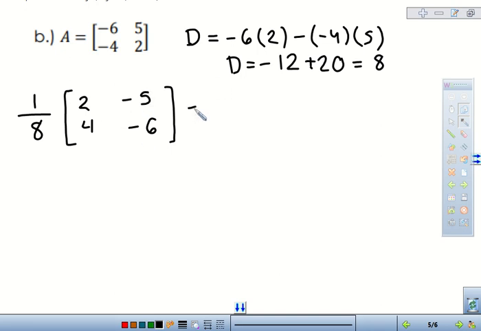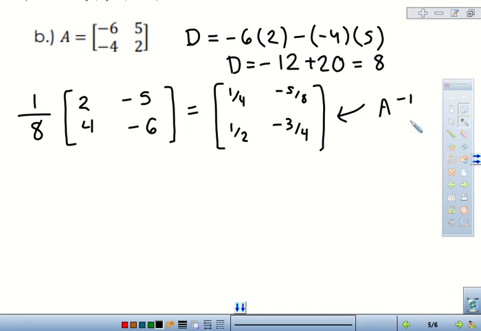Now we're just going to multiply by 1/8. 2 over 8 reduces to 1/4. 4 over 8 reduces to 1/2. Negative 5/8, can't do anything with that. And then what would negative 6/8 reduce to? 3/4. Negative 3/4. So do we have any questions about how we got the inverse?